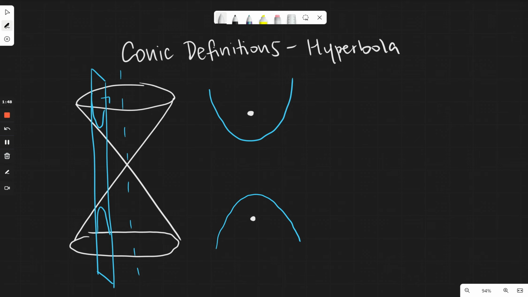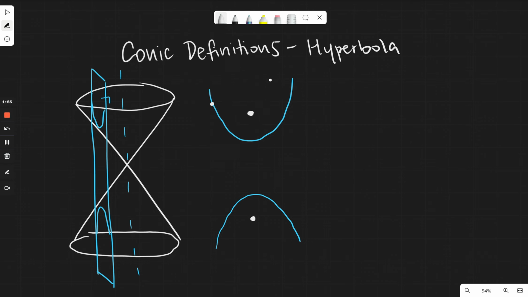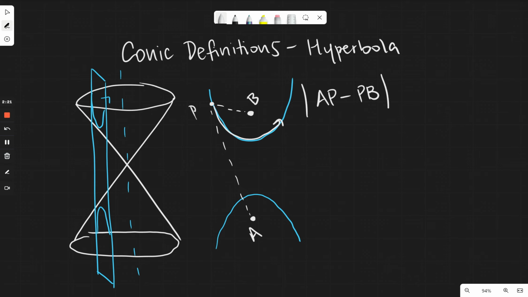And that might be a little confusing, so just to unpack that, what that means is, say I have a point, actually I'll go back to it using white. Let's say I have a point P. This distance, the distance from P to this focus, let's call this one A, and this is focus B. And then this distance, AP minus PB, that is always going to be constant, even as this point travels up the hyperbola.